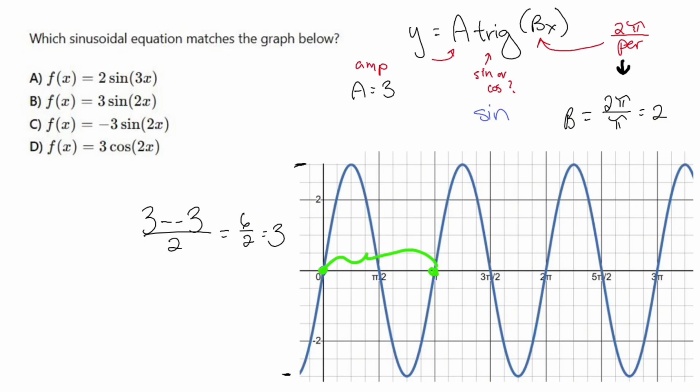So the equation that I can set up is y equals a, which is 3, sine, b, which is 2, x. And that matches up with B, baby.